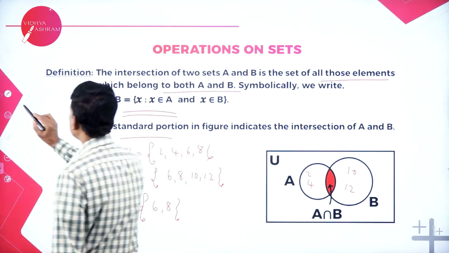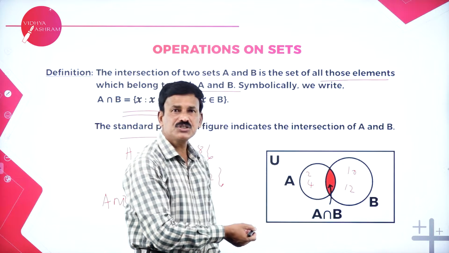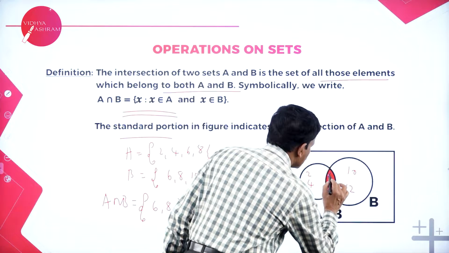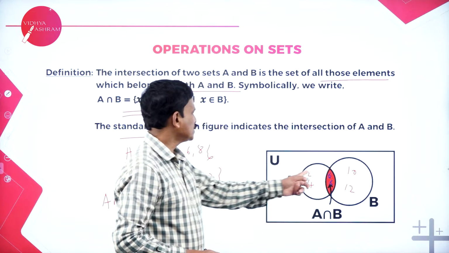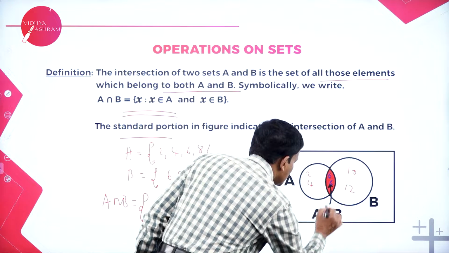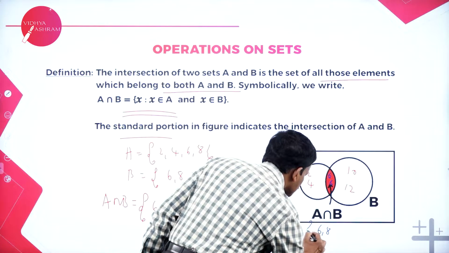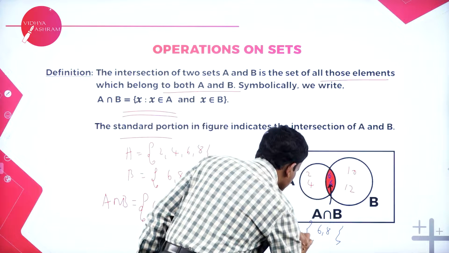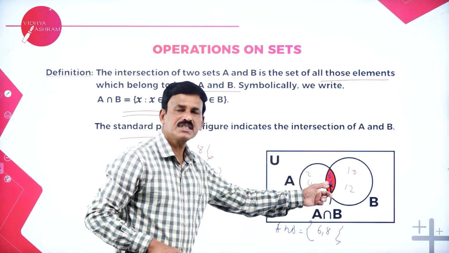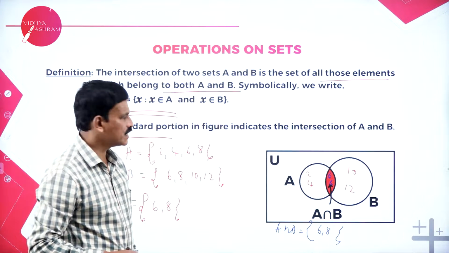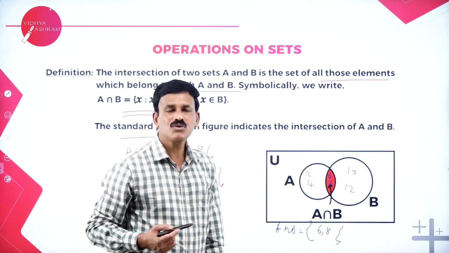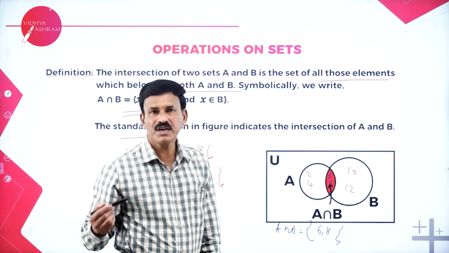A contains 2, 4, 6, 8 and B contains 6, 8, 10, 12. So A intersection B is nothing but the elements 6 and 8, represented by the shaded region. This is how we represent the elements of intersection in a Venn diagram.